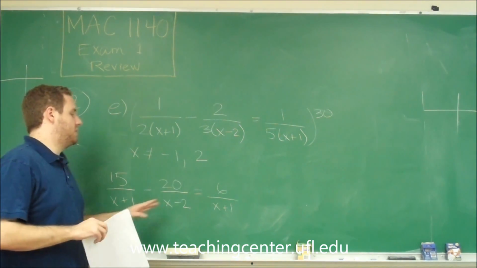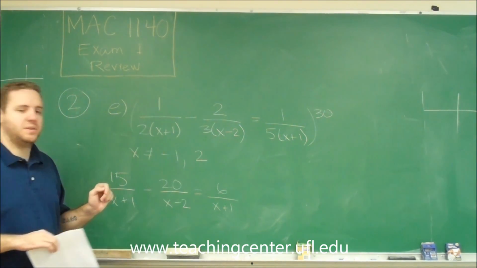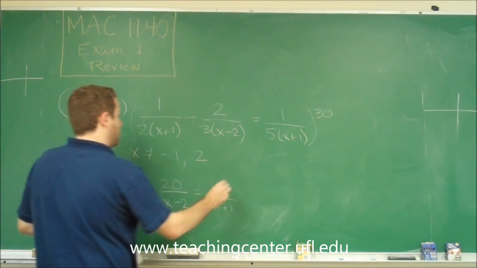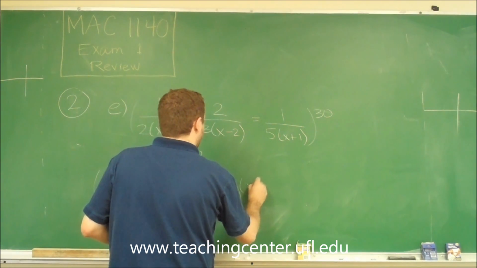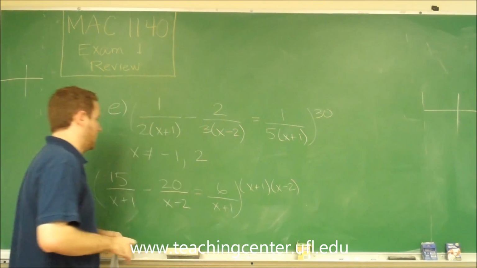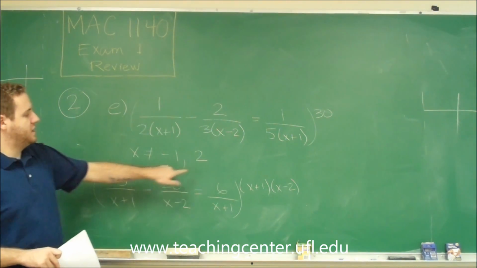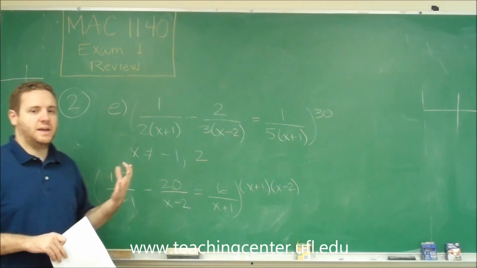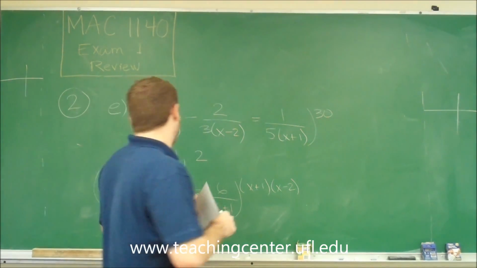We have x plus 1 and x minus 2 as our two different things on the denominator, so we can multiply the whole equation by both of those, x plus 1 and x minus 2, to get rid of them, because we've already taken into account that we can't have those values. So then we'll just be left with, again, a linear algebra equation.